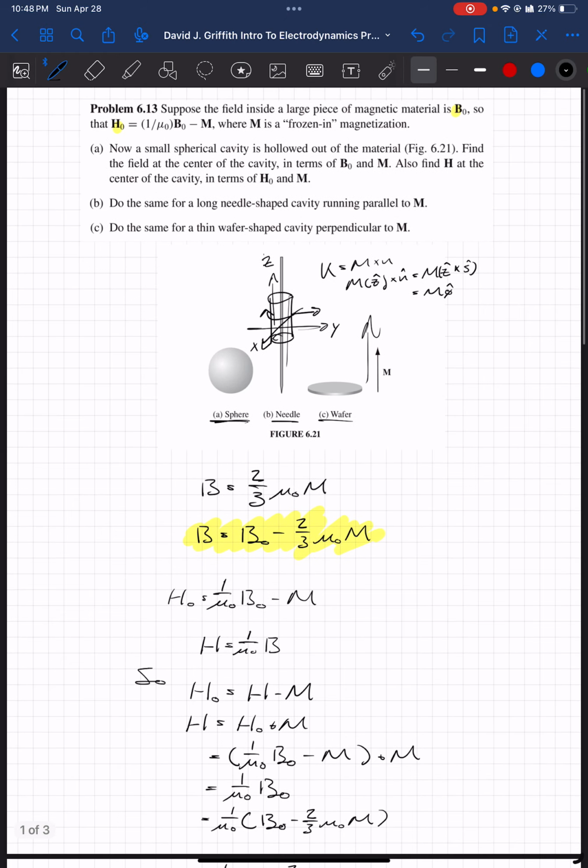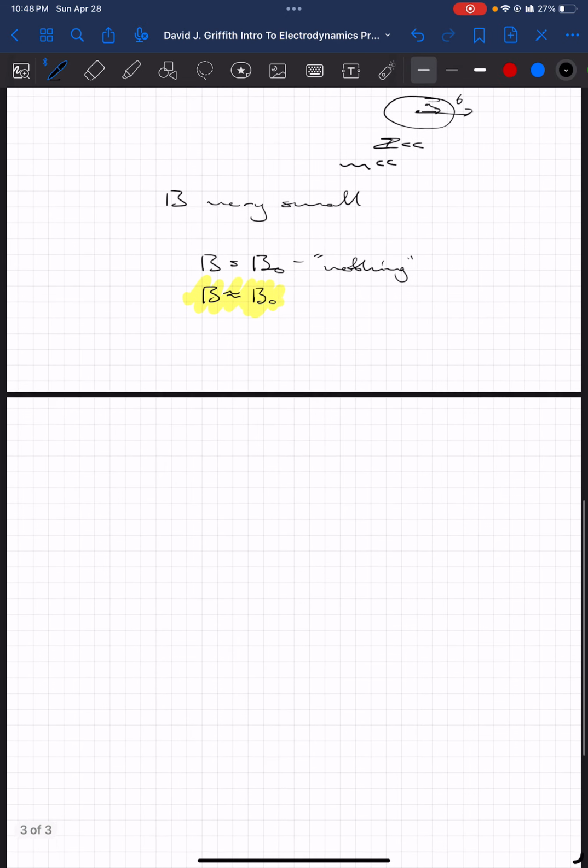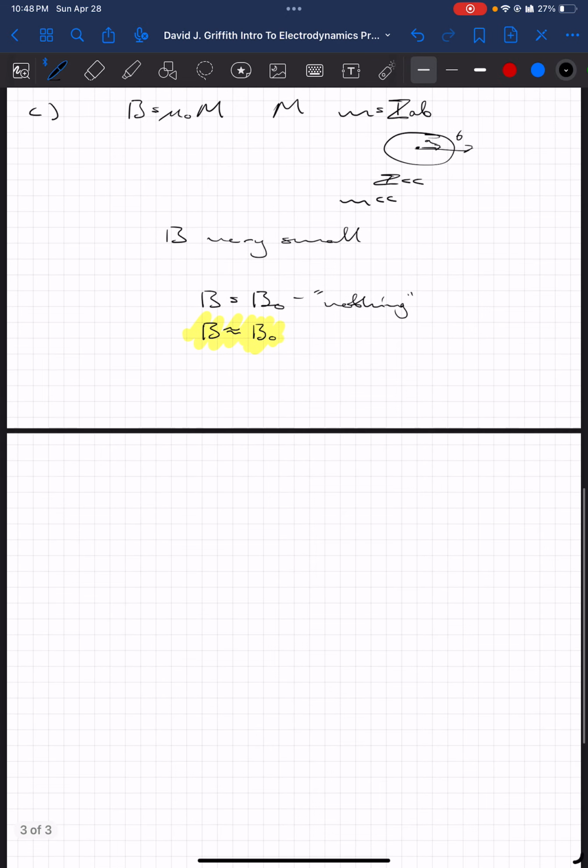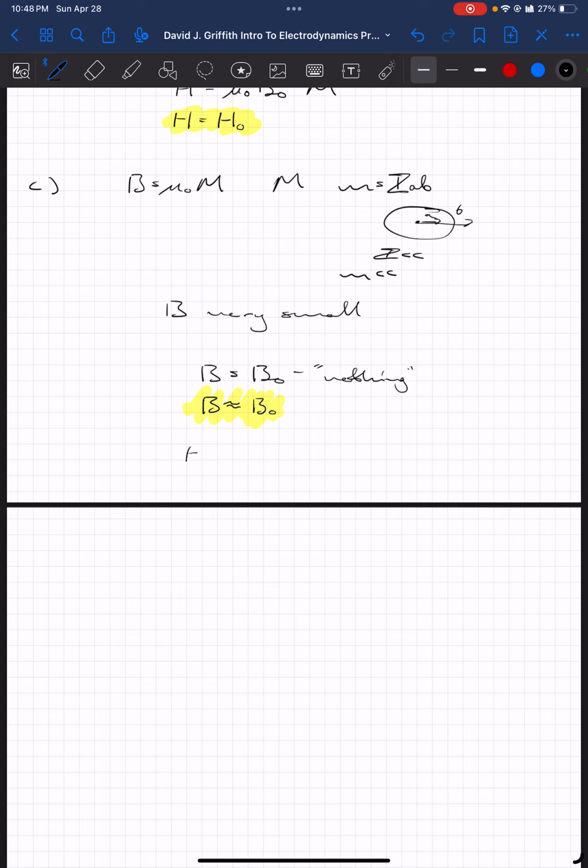Now again, we're finding H in terms of H naught and M for this cavity. Typically H is equal to 1 over mu naught B before this cavity. And with our cavity, it practically has no effect.